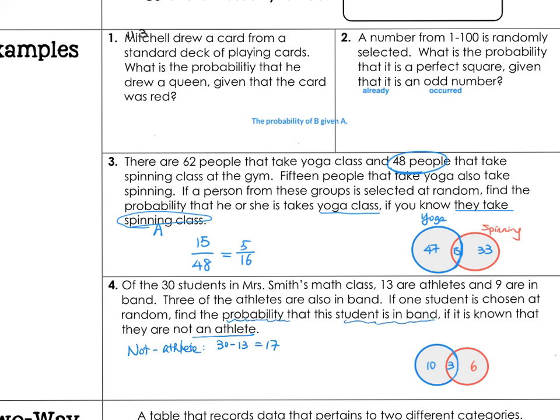Total students in band that are not athletes is 6. And therefore, out of all the non-athletes, the 6 kids who are in band, that probability is simply 6 over 17. You can convert it into a decimal, or you can leave it the way it is now. Okay?